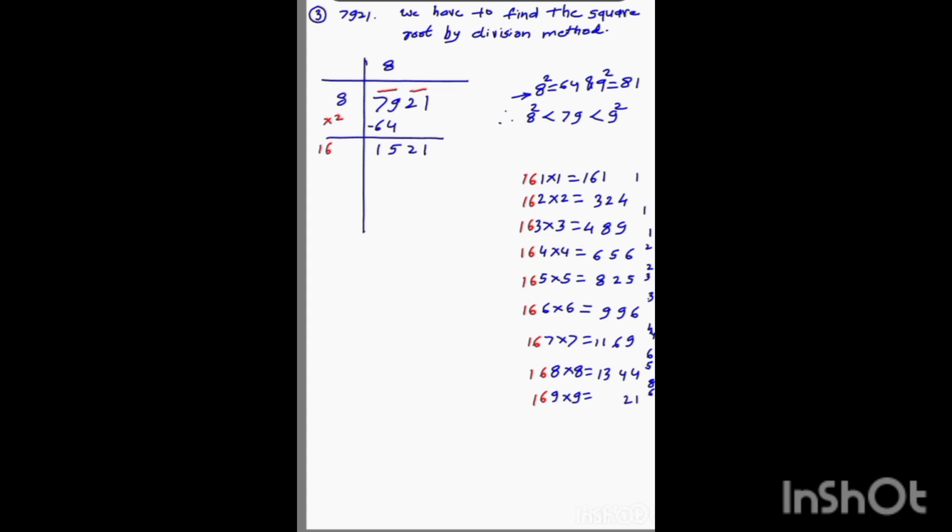And that gives 1521, that is your number, 1521. So we go ahead. See, this is the number. 169 into 9 is 1521.